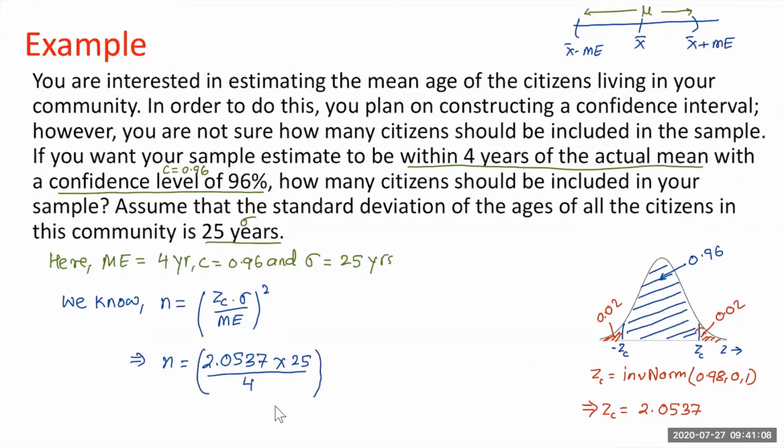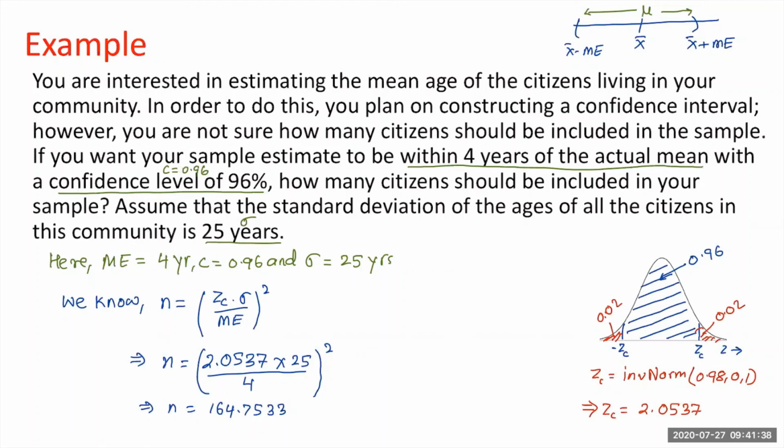Close that parenthesis and hit square. Now, let's type this in our calculator to see what we'll get. We begin the parenthesis, type everything inside, close the parenthesis and square it. And I get 164.7533.